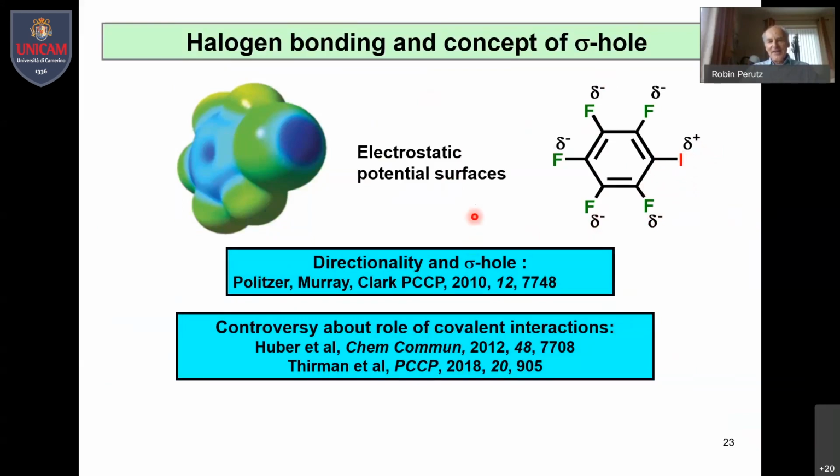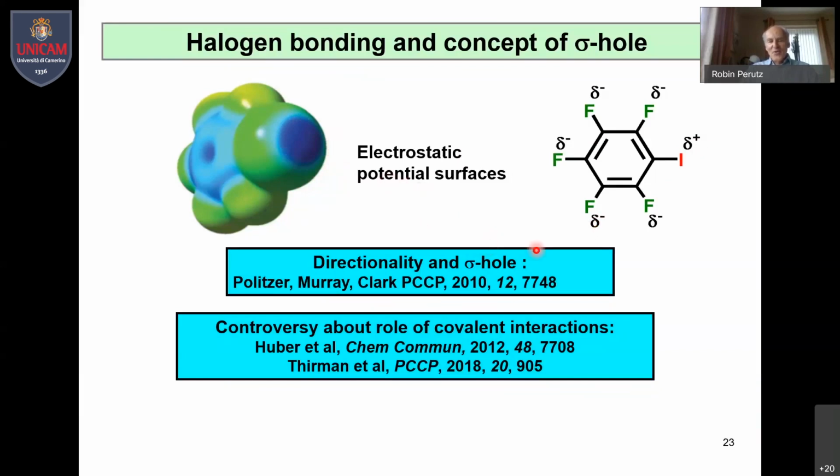What you find in calculations is here's this iodine on the left, shown in blue, and at the tip, that represents the region of the potential energy surface that is polarized positively, and that interacts with the Lewis base.